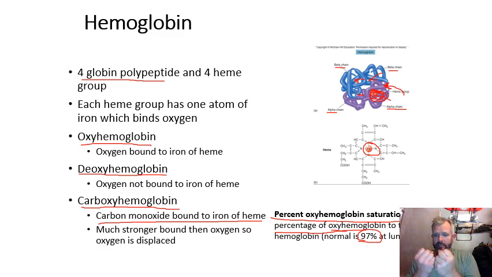The ability of oxygen to hold on to hemoglobin is called the affinity. If you have a higher affinity, the heme will not want to release oxygen and will bind tighter and hold on to it stronger, whereas if there's a lower affinity, it's more willing to release the oxygen. We're going to see how this takes effect as we change characteristics of the blood and see how that affects this affinity for oxygen.